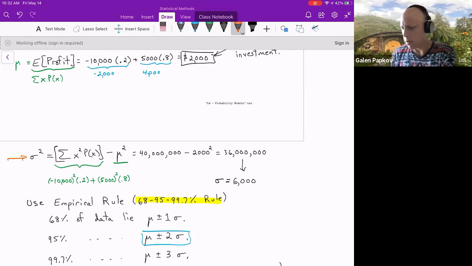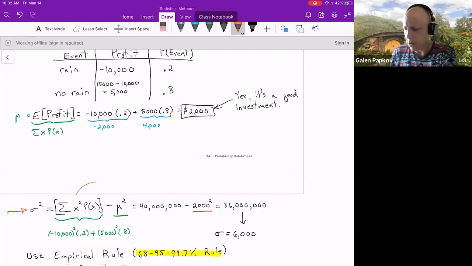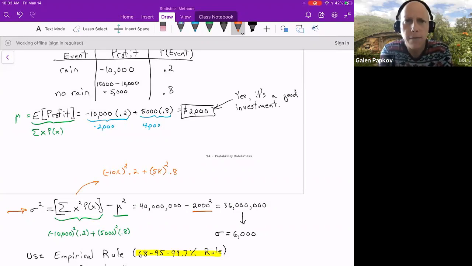Well, we just got mu to be 2,000, so that's where this 2,000 squared came from. But to get the first term that I boxed out here, that's going to be negative 10,000 squared times 0.2 plus 5,000 squared times 0.8.